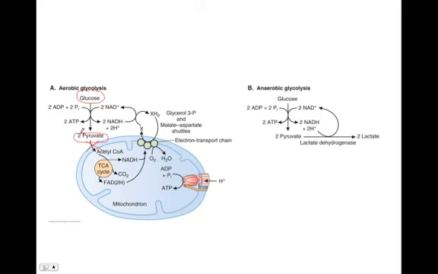In the case of a deficiency in the pyruvate dehydrogenase complex, pyruvate remains elevated. In this case, pyruvate will be metabolized by lactate dehydrogenase and will generate lactate. This is the mechanism by which a deficiency of pyruvate dehydrogenase complex can contribute to lactic acidosis.